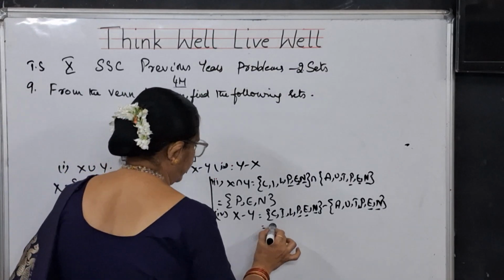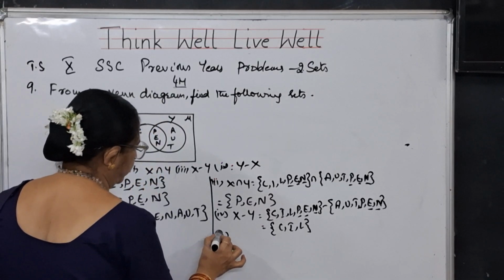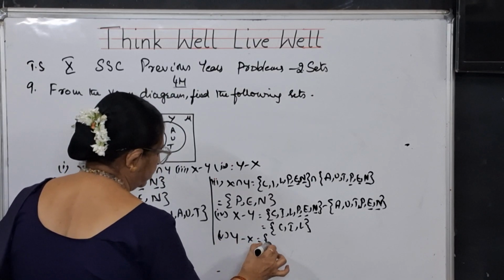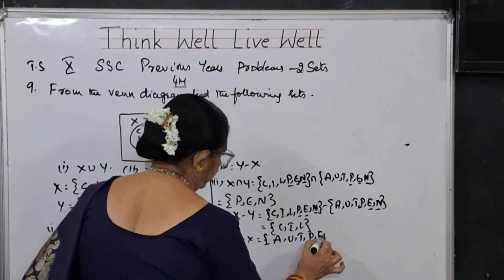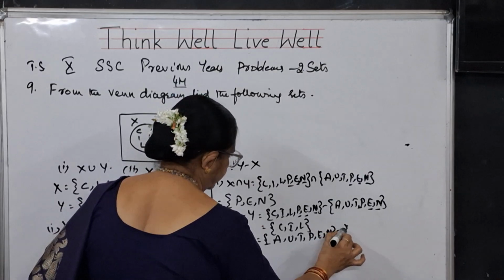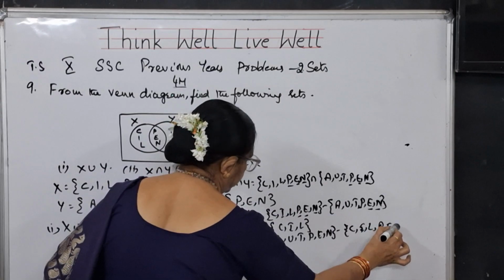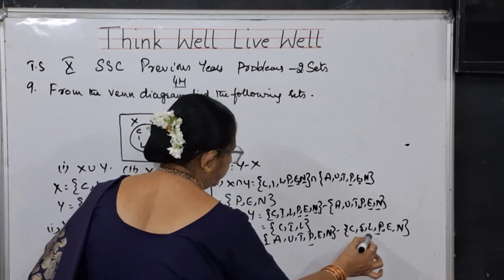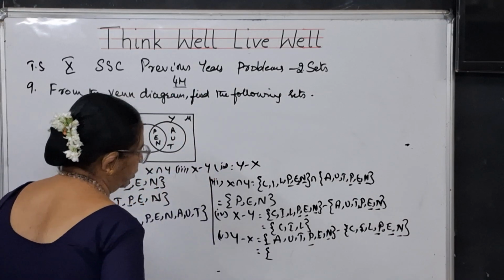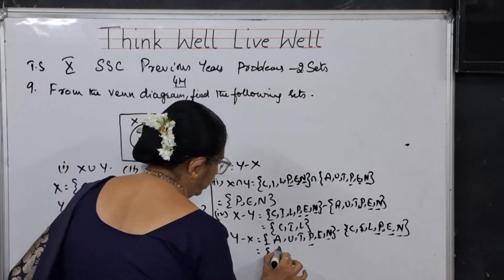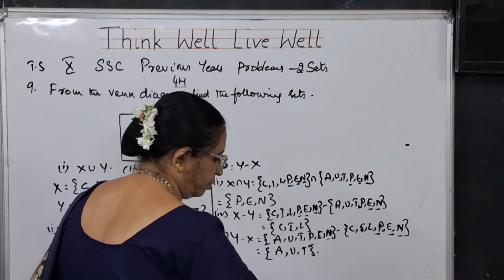C, I, L. Now the next one, Y minus X. That means first you have to write Y elements A, U, T, P, E, N minus C, I, L, P, E, N. Common elements P, E, N are removed. So Y minus X is only A, U, T. These are the answers for this, children.